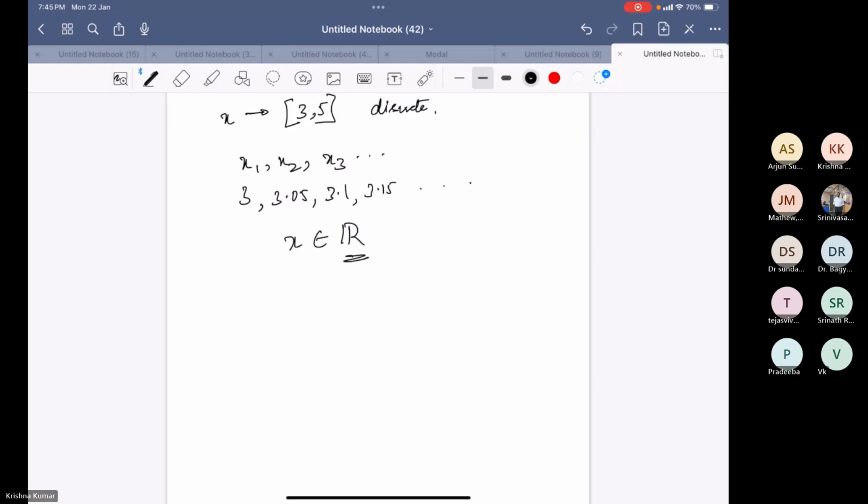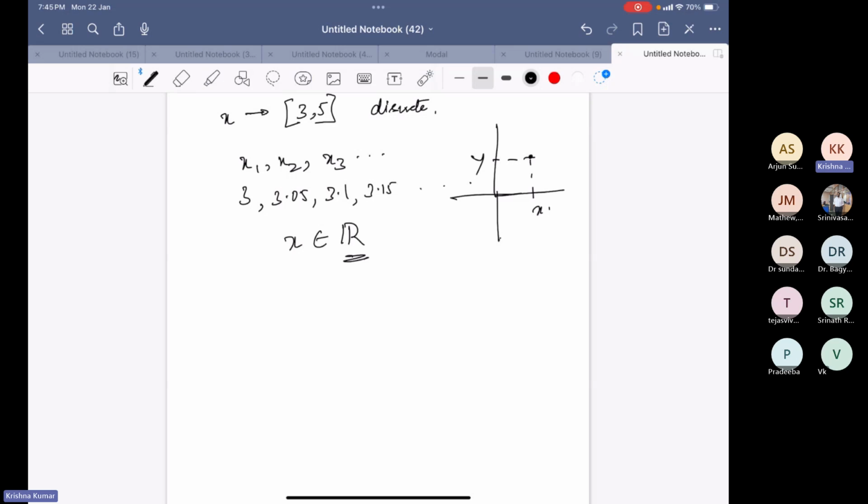That's R. Now, suppose I have a graph. In the coordinate point, I will have, say, for example, the value of x and the value of y.